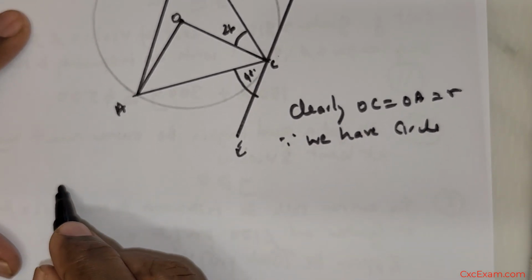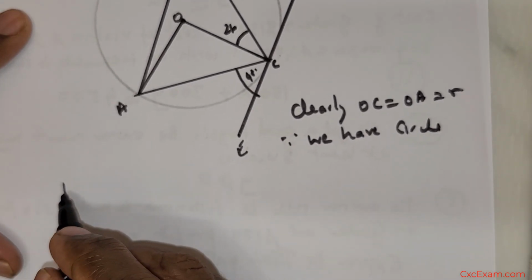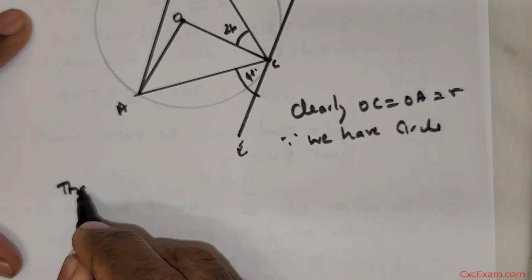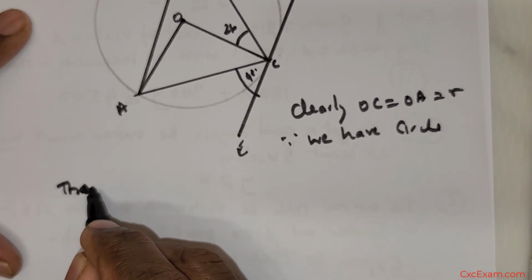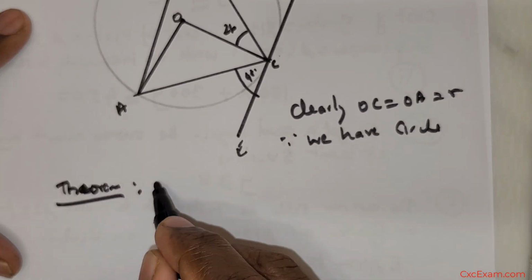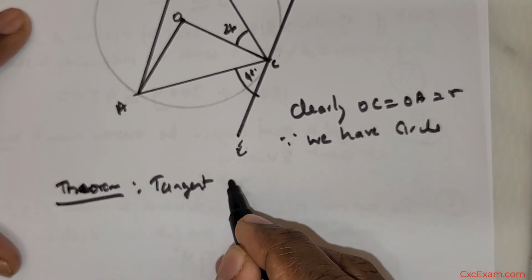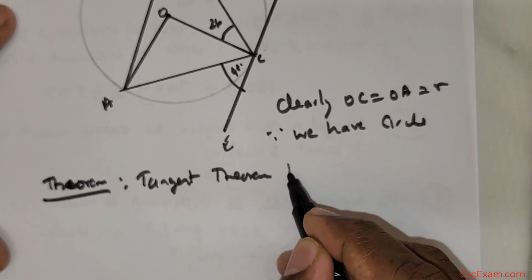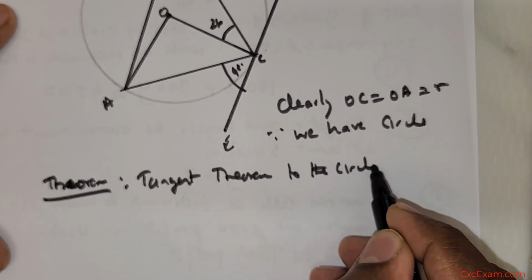Now there is a theorem called the tangent radius theorem, or tangent theorem to the circle. Now what is the theorem?